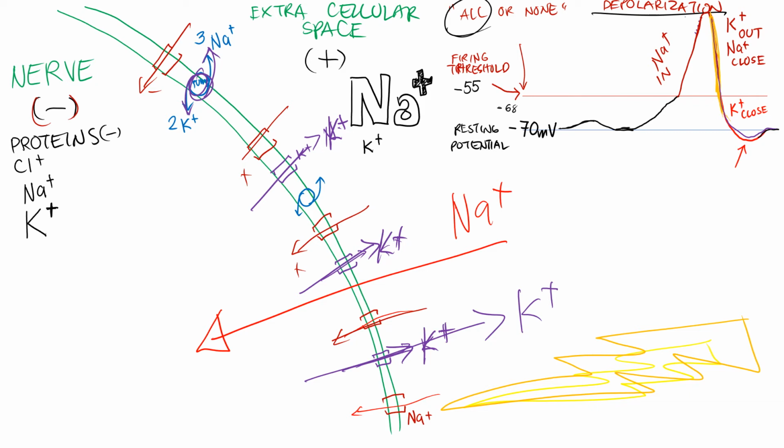So basically, that's your depolarization. From resting membrane, you have impulse, and then you have your firing level. Once that is reached, you have depolarization, and then your potassium opens up, sodium channels close. So now you have return to normal, hyperpolarization, and back to normal.